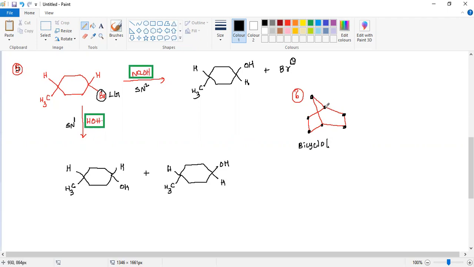For the attachment of these two bridgehead carbons, on the right hand side how many carbons are there? Two. And on the left side how many are there? Two carbons. In the middle how many? One. That means 2, 2, 1. Now count the total number of carbons: 1, 2, 3, 4, 5, 6, 7. What is 7, beta? Heptane. So bicyclo 2, 2, 1 heptane. This is one of the bicyclo compounds. Chalo bye.